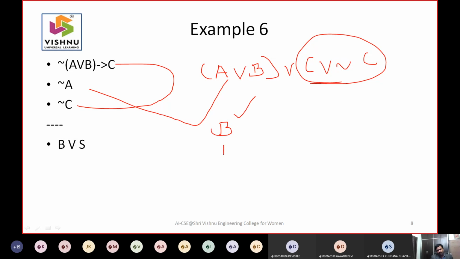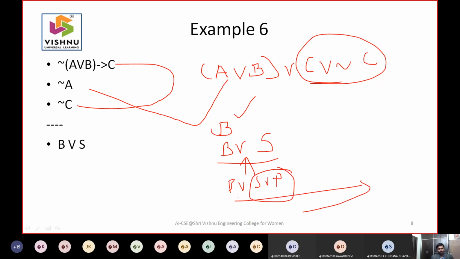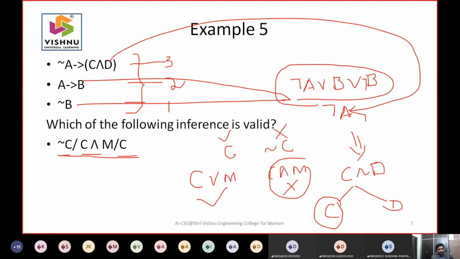When B is a valid inference, B or S is also valid, because you can add by using OR, or B or S or P can be valid. You can add any number of variables here. But interestingly, when we observe the trend in which the questions are asked, S is here, but S was not located in any of the statements here. In the same way, we are talking about M here.